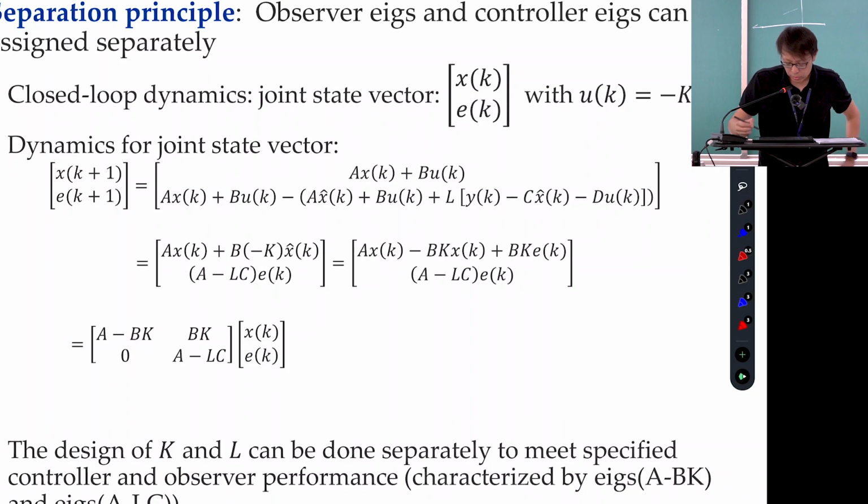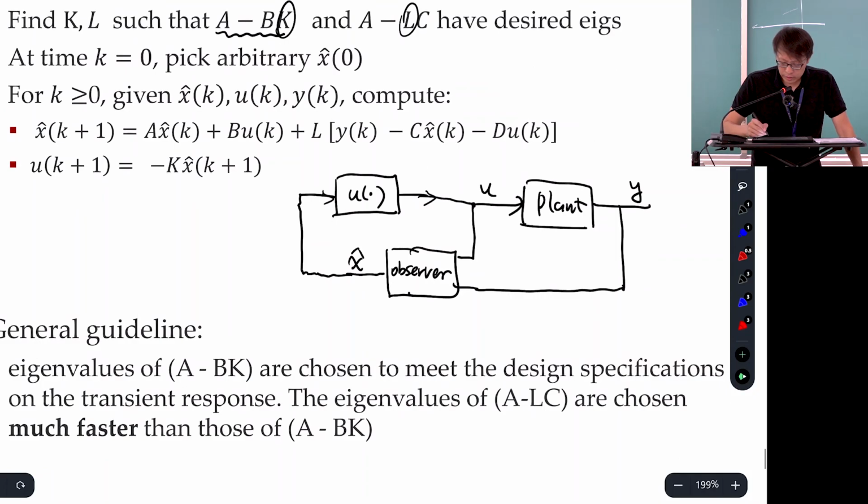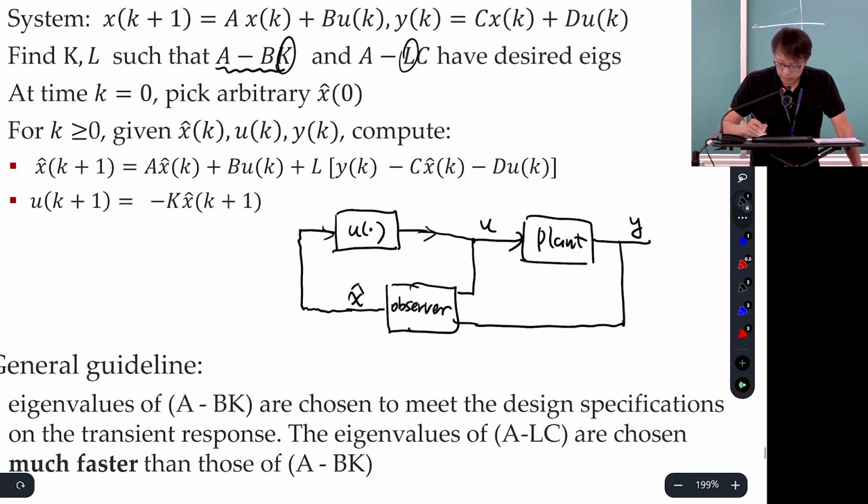I don't want to go through it too seriously, but you can take a look. Overall, this is your system. This is the plant, x(k+1) equals A x(k) plus B u(k), with output y(k). So this is a dynamical system in R^n, an n-dimensional dynamic system.